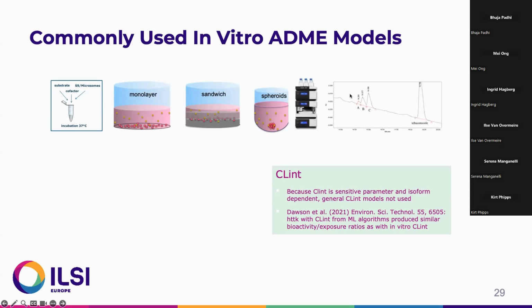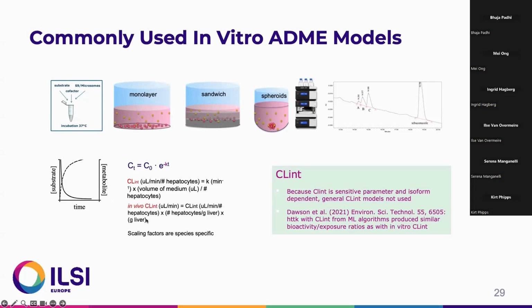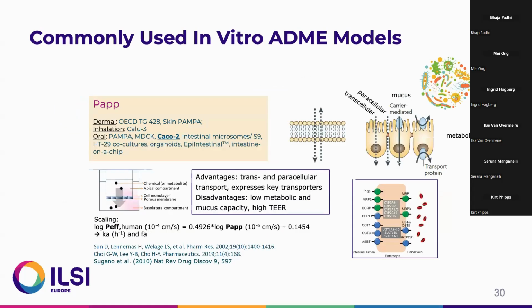You would take an extract, use chemical analytics to derive concentration time profiles of your compound. And this is just the equations how you would calculate the intrinsic clearance and move that from an in vitro intrinsic clearance to an in vivo intrinsic clearance. And this is then used in PBK models.